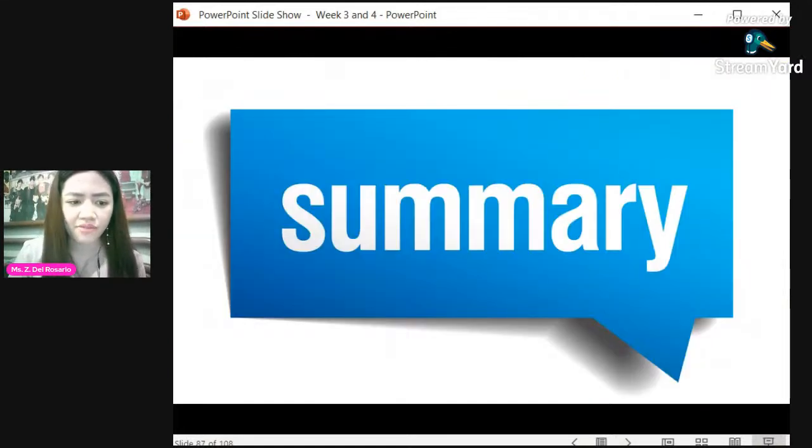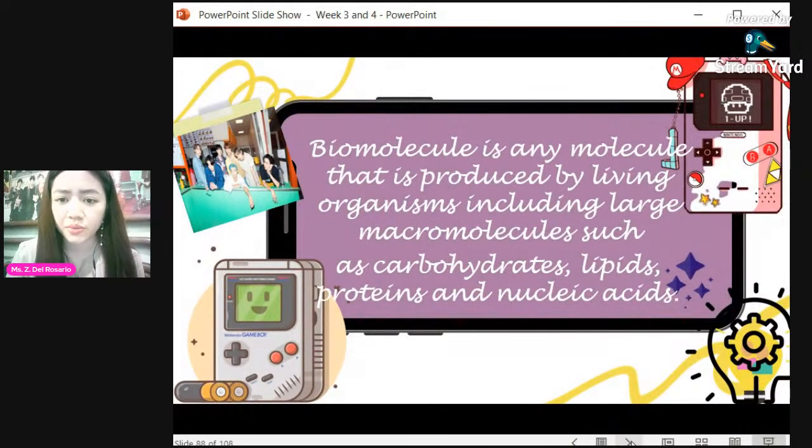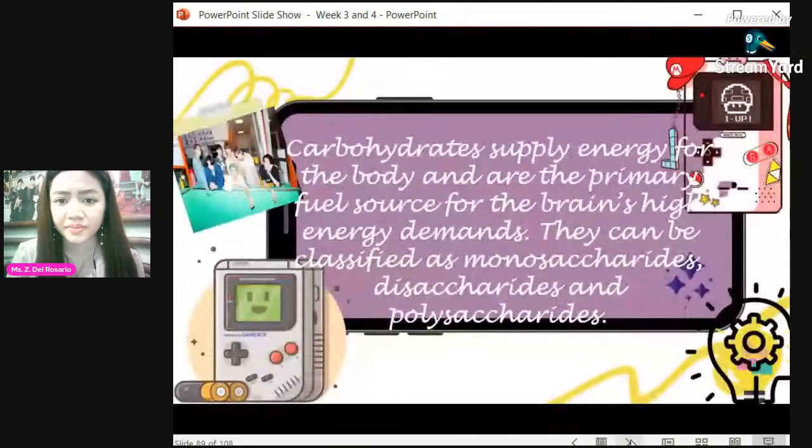So there you have it. We were able to understand the different biomolecules, and let us sum up what we have tackled for today. To begin with, biomolecule is any molecule that is being produced by living organisms, including large macromolecules such as carbohydrates, lipids, proteins, and nucleic acids.